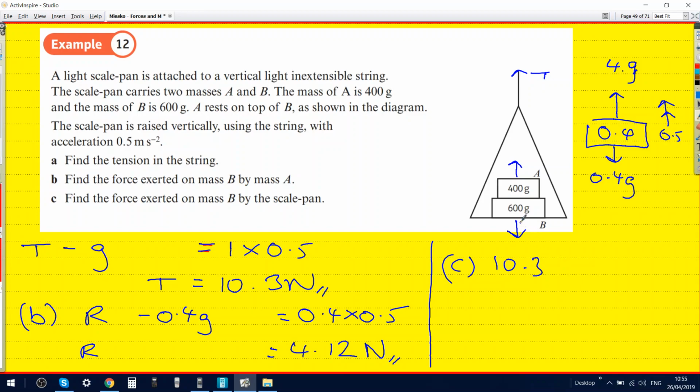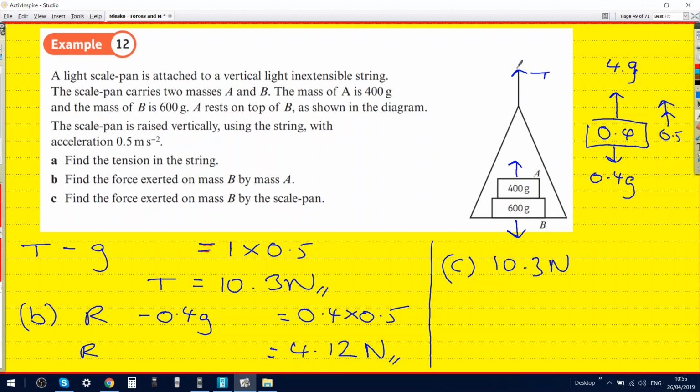On B, 10.3 minus something. Is that it? Equals MA. The force exerted on mass B by the scale pan. Oh, by the scale pan. Well, I think it would just be 10.3 maybe.